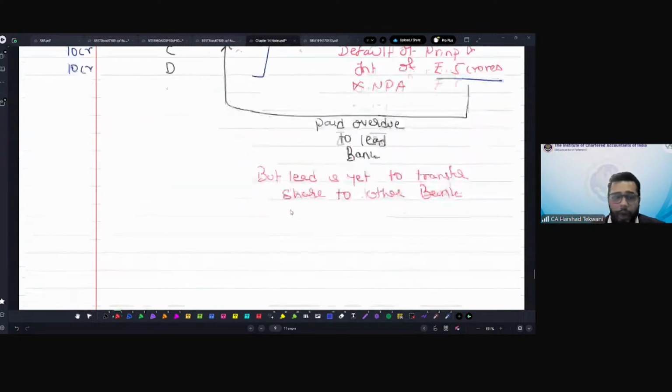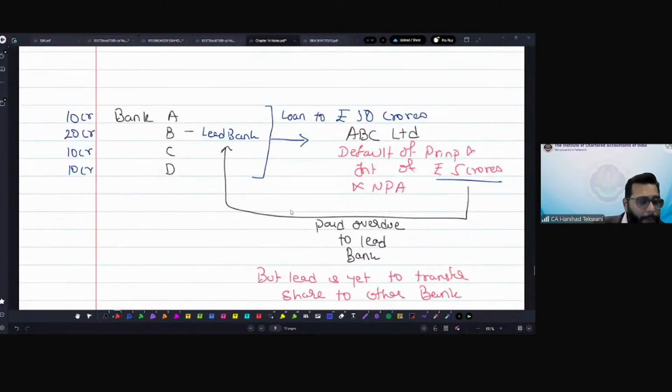Now, here, let's say principal and interest outstanding was rupees 1 CR. You, as an auditor of a bank, will you call this particular outstanding amount as an NPA? So the question is, is this an NPA?